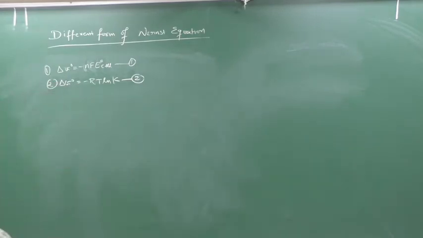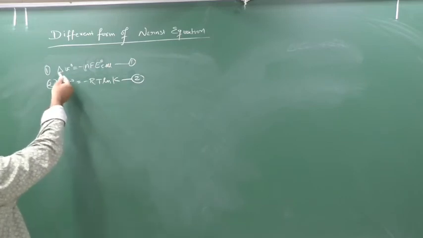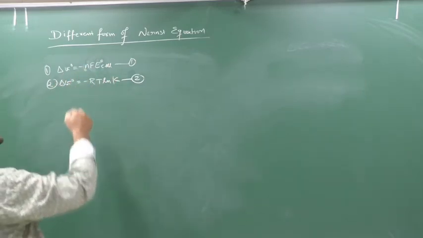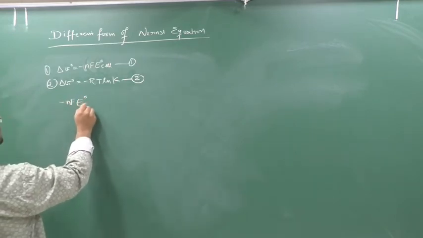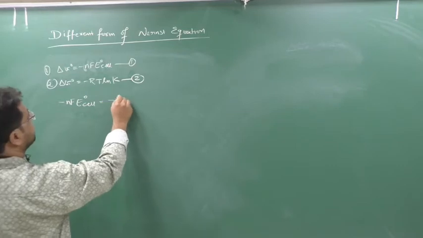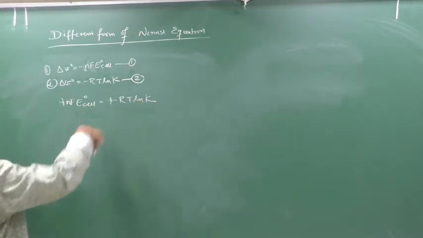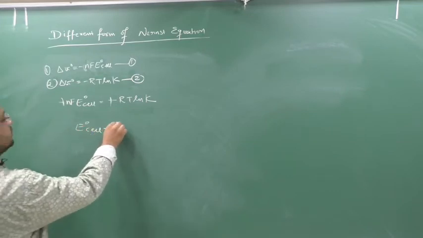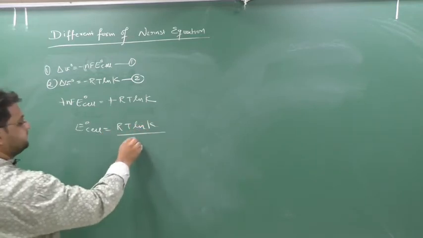Now when I equate these two equations, delta G naught is minus nFE naught cell and delta G naught equals minus RT ln K, so I get minus nFE naught cell equals minus RT ln K. The minus signs cancel, so you get E naught cell equals RT ln K upon nF.